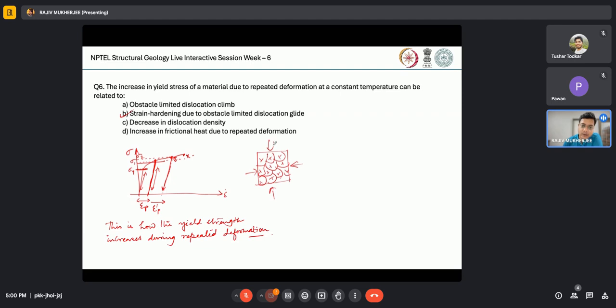And then if you try to repeatedly load the material, what will happen? Each of these grains will accommodate more and more dislocations. And eventually, this is how you increase the dislocation density.